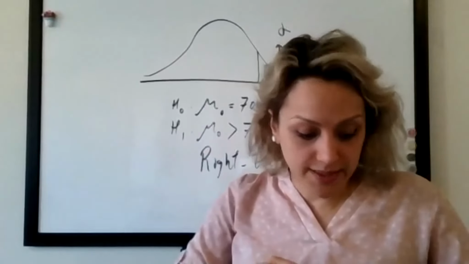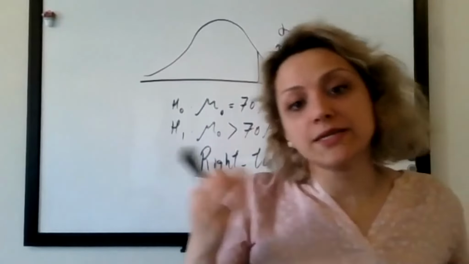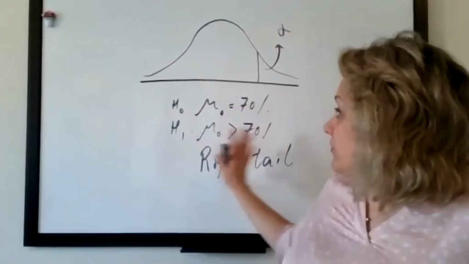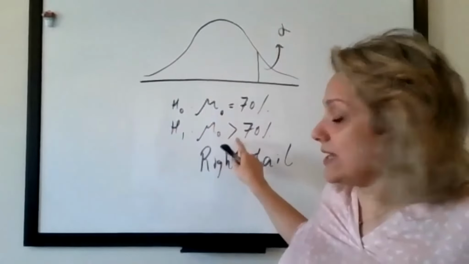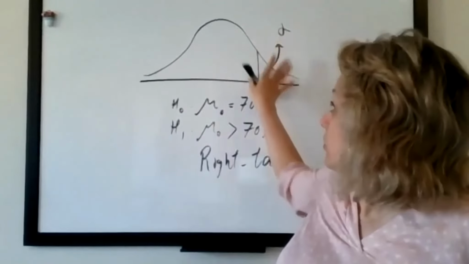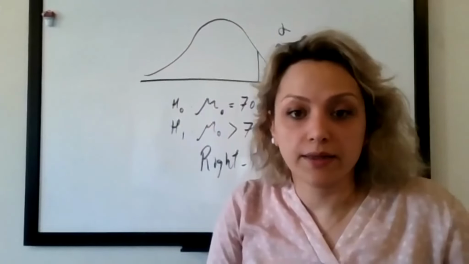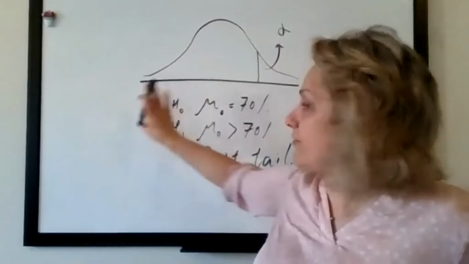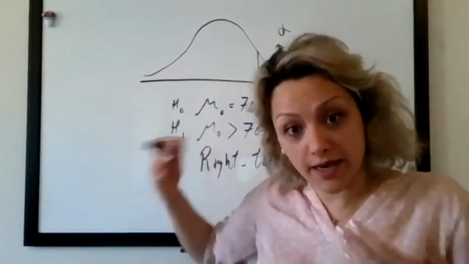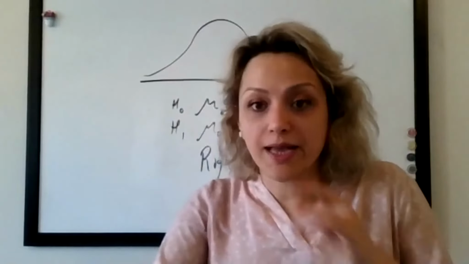It's one-sided, but it's a right-tailed one. We would have the reverse when mu is less than 70%. All the alpha would go to the other side, and we would call it left-tailed. One-sided again, but left-tailed.